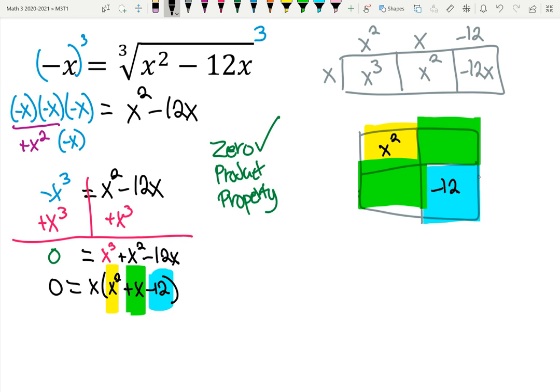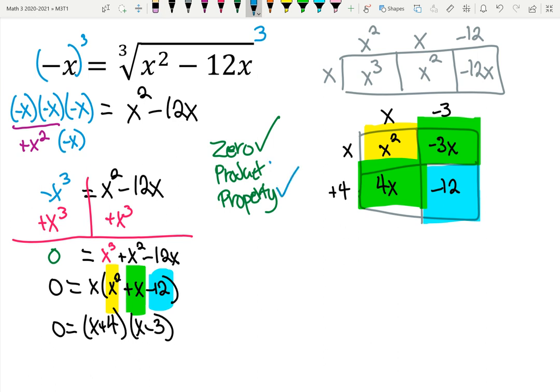Starting with x squared, I know that x times x is the only thing that will construct x squared. Now I need to figure out a way using the factors of negative 12 to get positive x. I'm going to use positive 4 and negative 3 because 4x minus 3x is indeed going to be 1x. So I'm able to write it as x plus 4 times x minus 3.